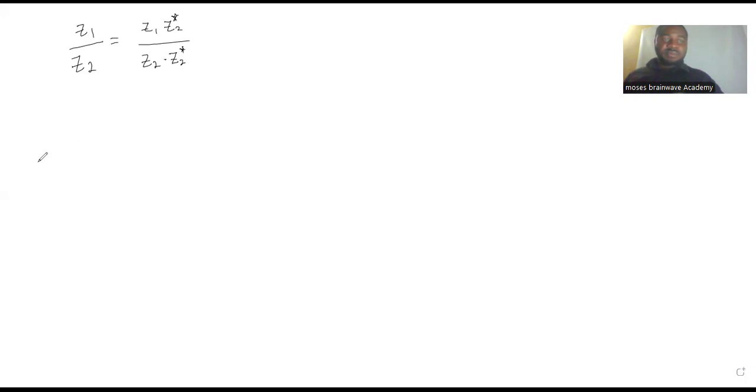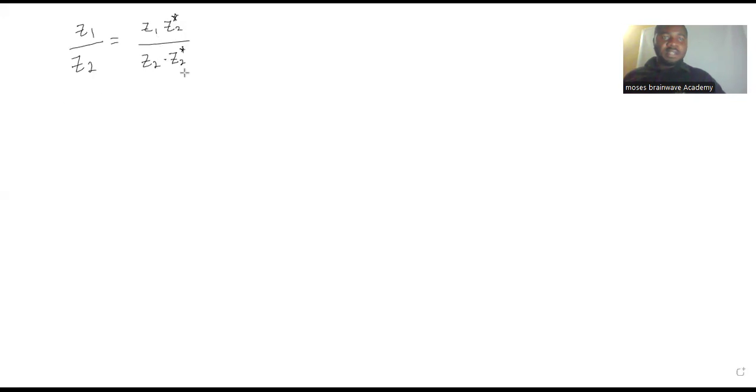You can see I have not altered this, this and this can cancel out, right? This part does not actually affect the original equation that we have. You're just multiplying by the conjugate and nothing changes. So for example, if I have A plus IB dividing C plus ID, then all I need to do is to multiply by the conjugate of this.